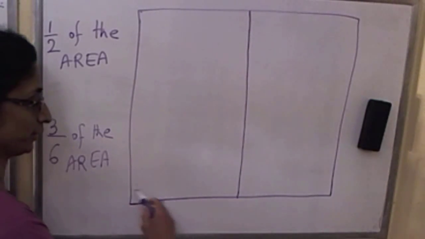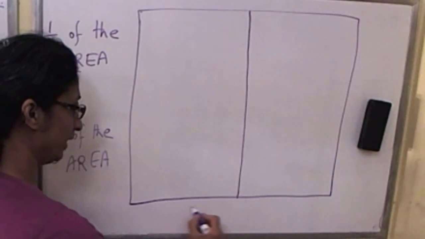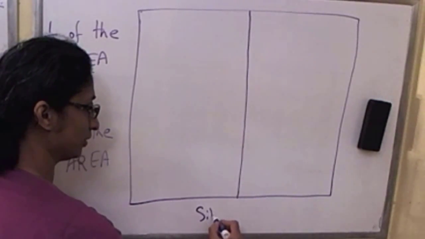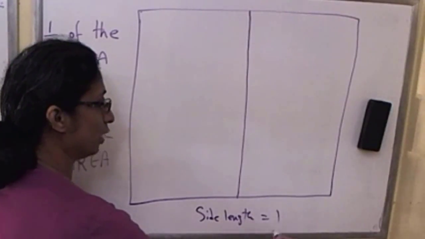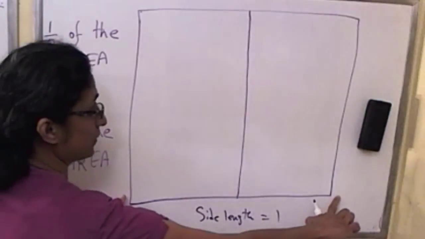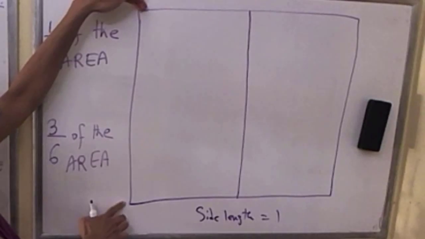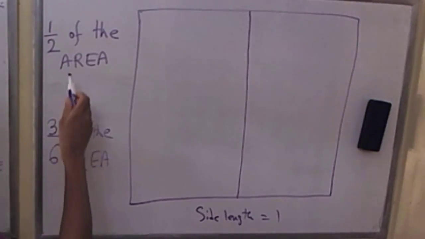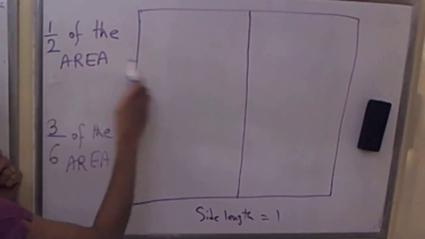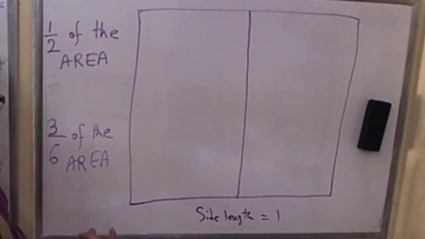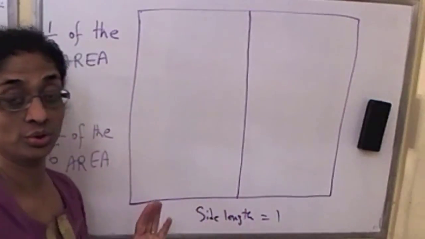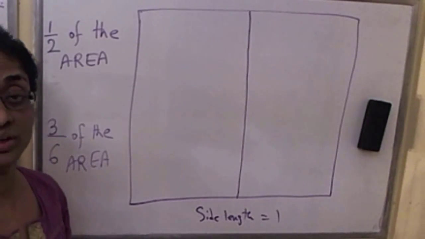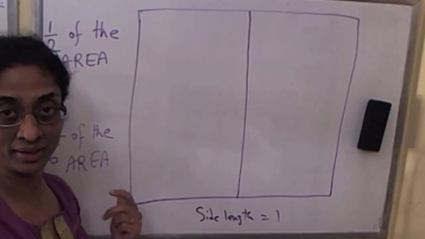Okay, so here's a square and its side length is 1 unit. This length and this length are exactly the same. When I think of 1/2 of the area of the square, we must cut up the square into 2 pieces where each piece has the same area.